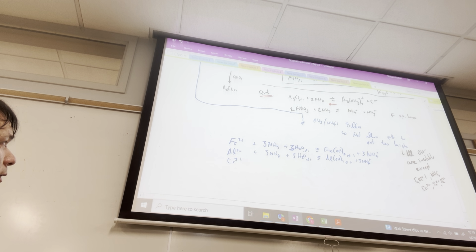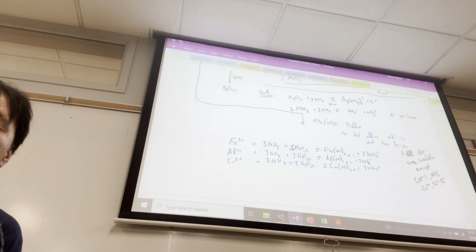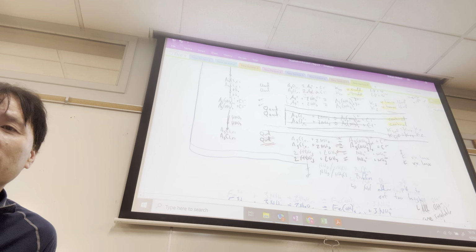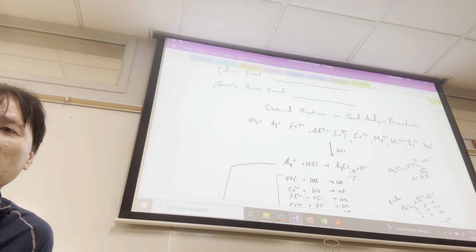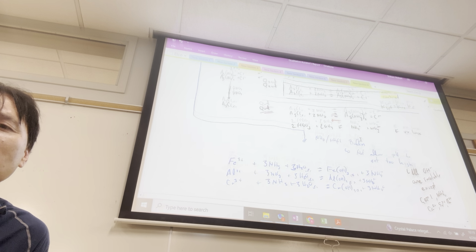Chromium 3 should precipitate out. But also some others. What were the other ones that we had? We had calcium. Calcium should not precipitate out.